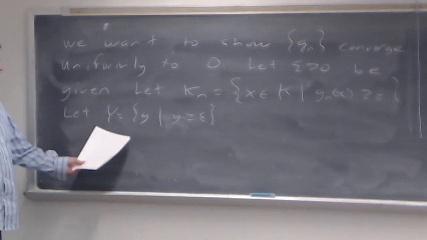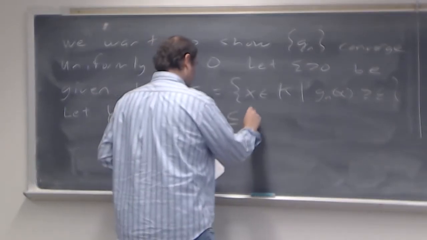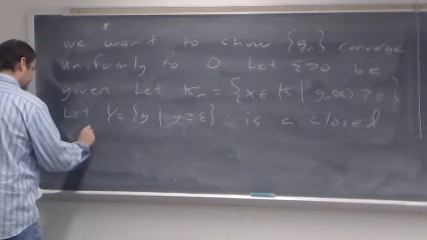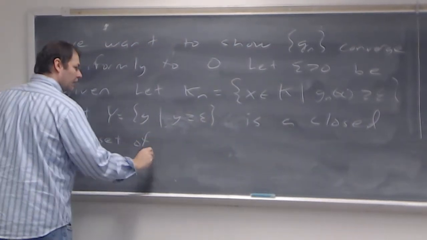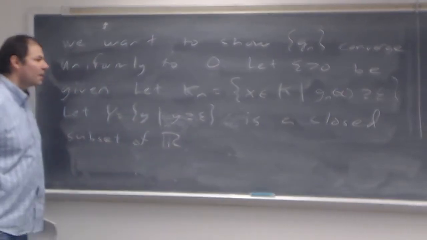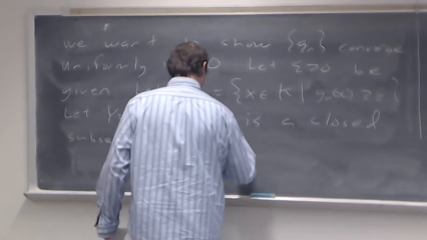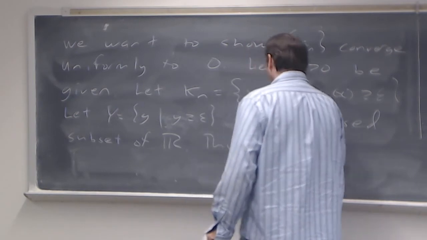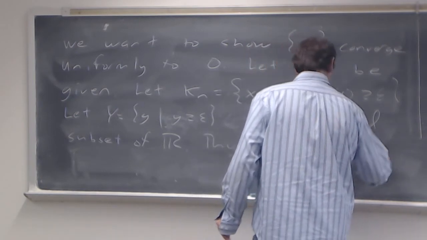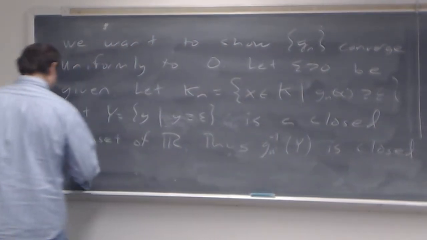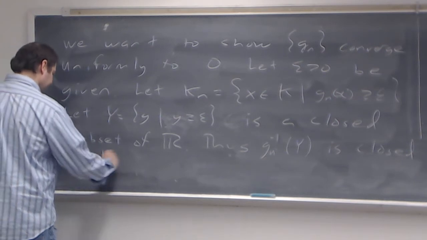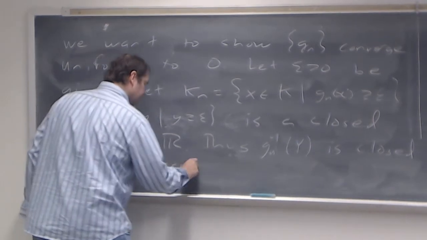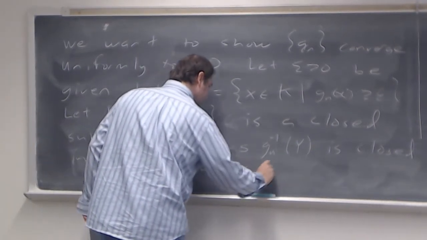Okay. So we look at this, which is a subset of R, and it is a closed subset of R, and thus the inverse image of Y under g sub n is closed in K. That's true because g sub n is continuous.